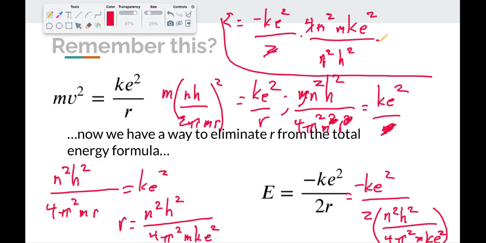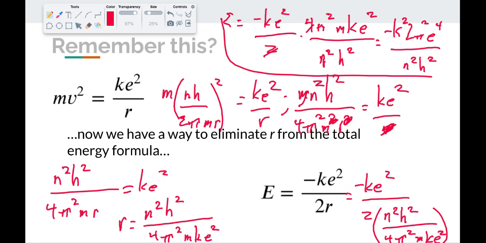And then we can simplify this a little bit. It's going to be negative k squared times 2 times pi squared times e to the 4th over n squared h squared.